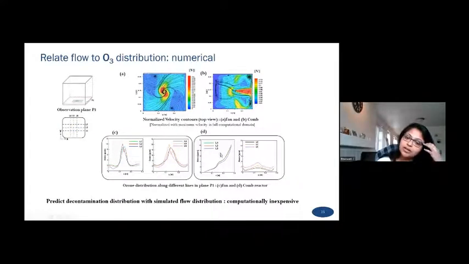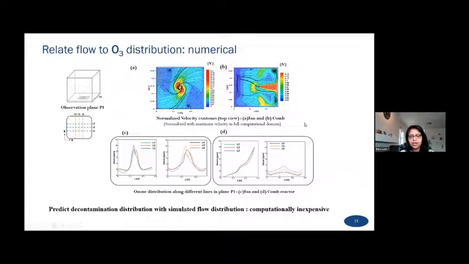Whereas for the comb reactor, we have high ozone concentrations at one side of the wall because of the main flow that goes from the shaft towards the teeth tips. And in the other dimension, in the Y dimension, there's hardly any ozone concentration compared to this, which corresponds to this direction here.